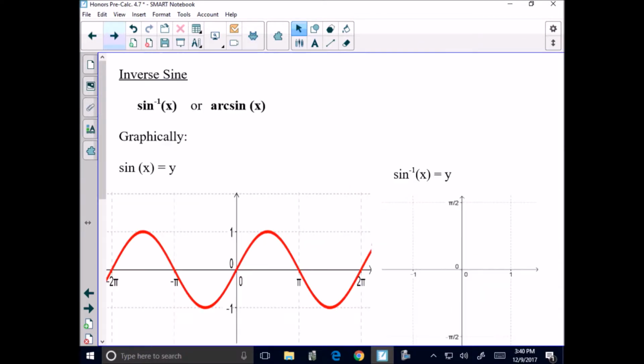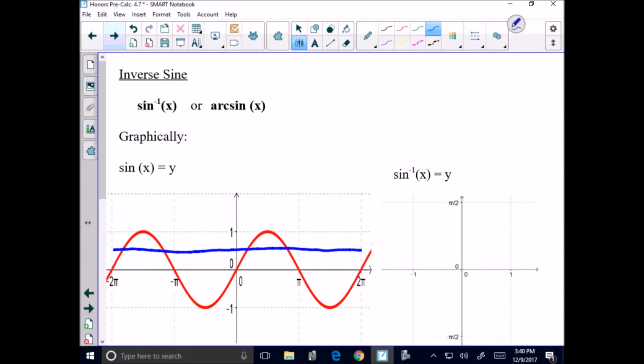Now what we're going to do is talk about actually getting these inverses and using them, right? So right here we're looking at inverse sine or arc sine, and if we look at the graph of sine, clearly the graph of sine, this repeating wave, fails the horizontal line test.